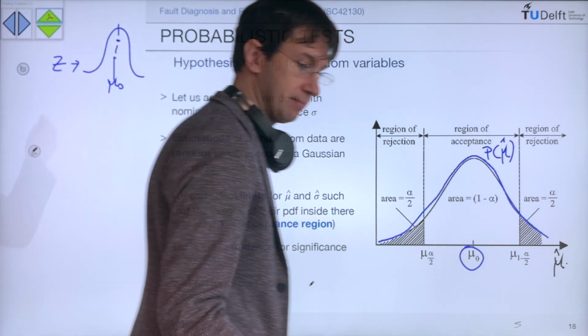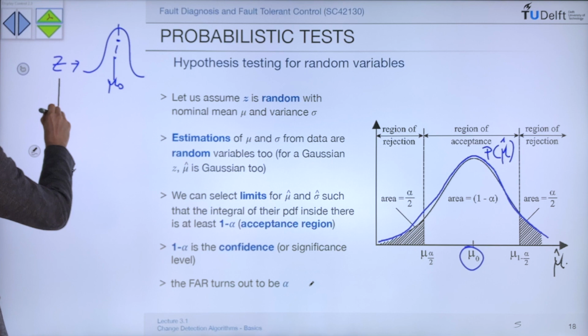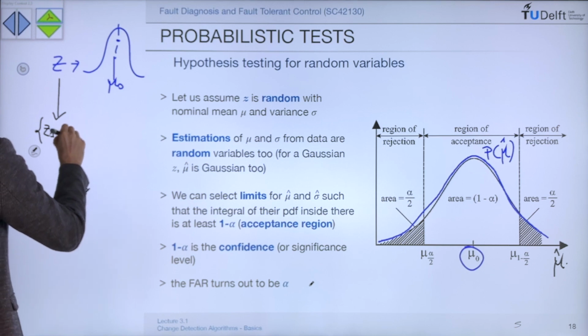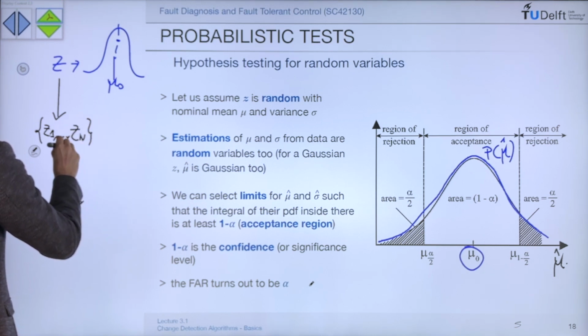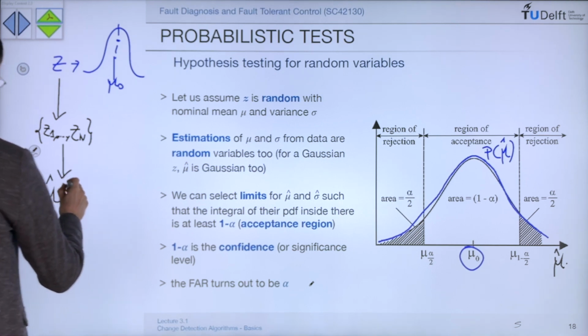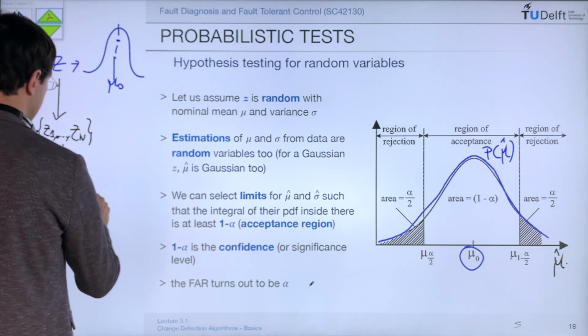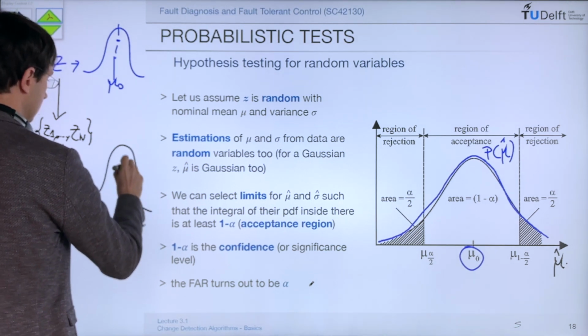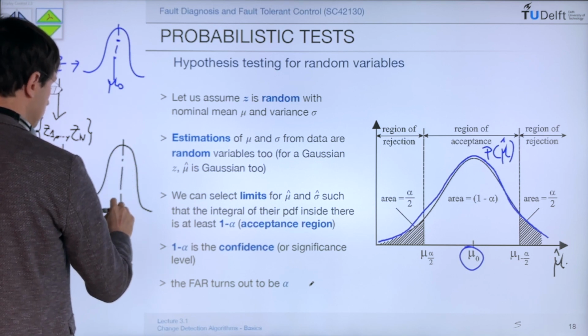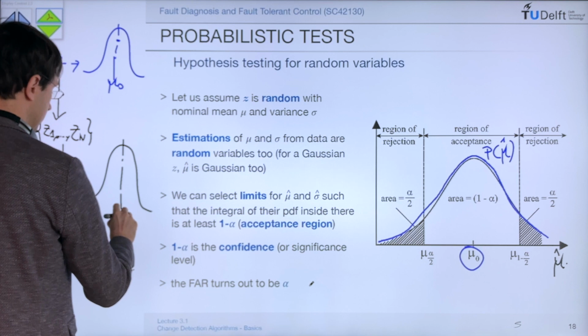And then if we have samples of z, z1, ..., zn, and we compute mu hat, it itself is a Gaussian, and its mean, which shouldn't come as a surprise, is mu 0 again.